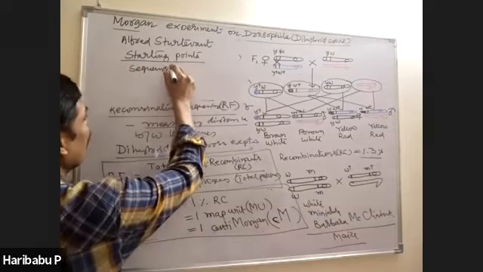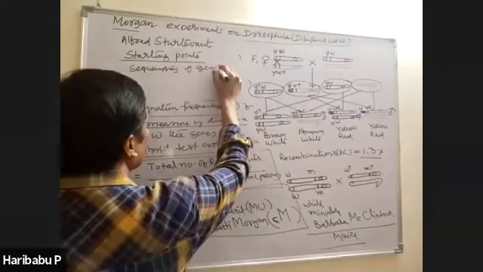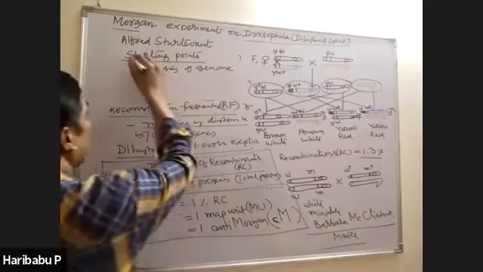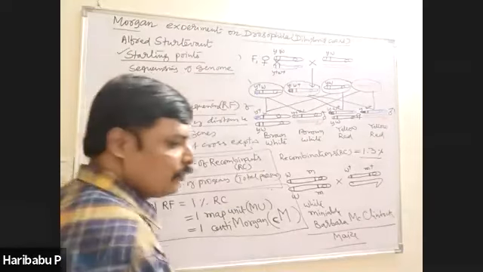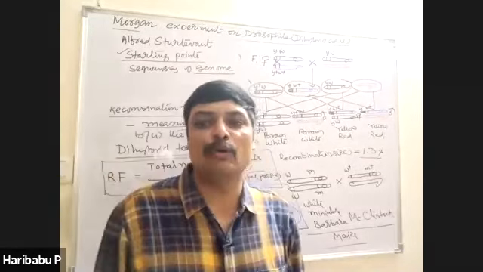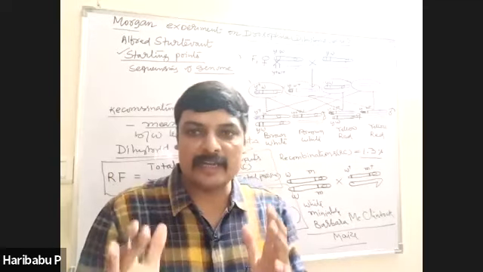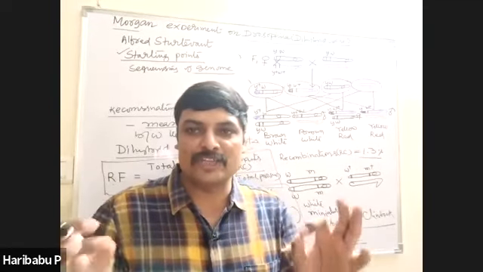Underline. What is genome? Haploid set of chromosomes is known as genome.